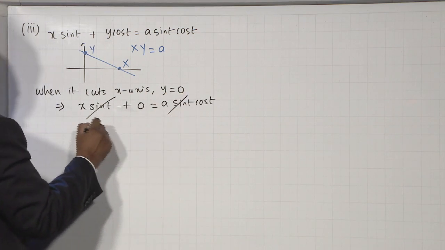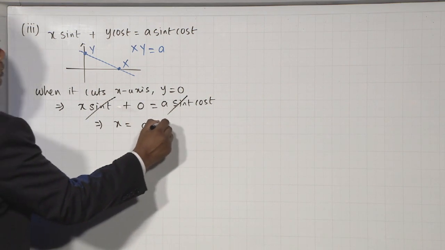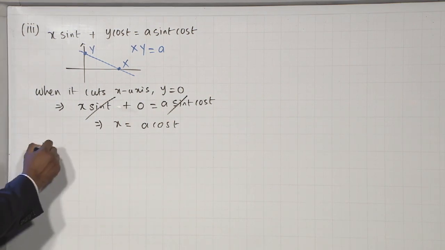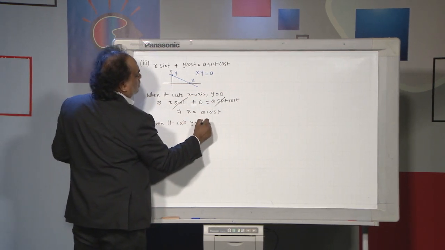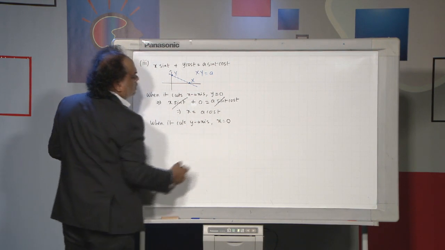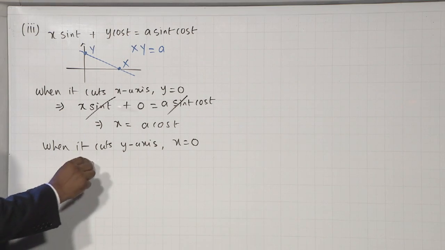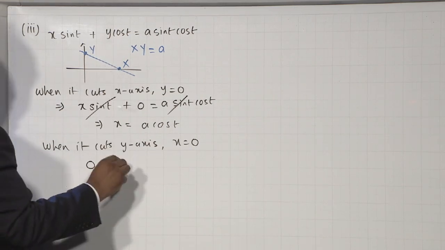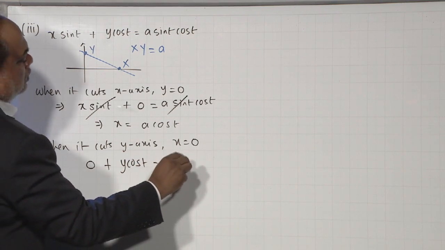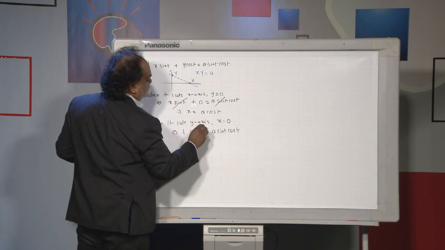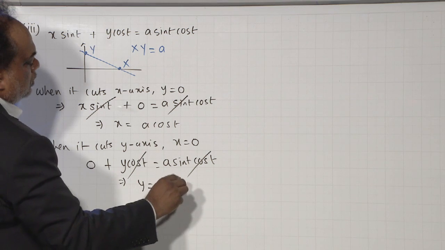So I will be left with x equal to a cos t. When it cuts the y-axis, x is equal to 0. So I replace x equal to 0. It will be 0 here. y cos t equal to a sine t cos t. So y will be a sine t.